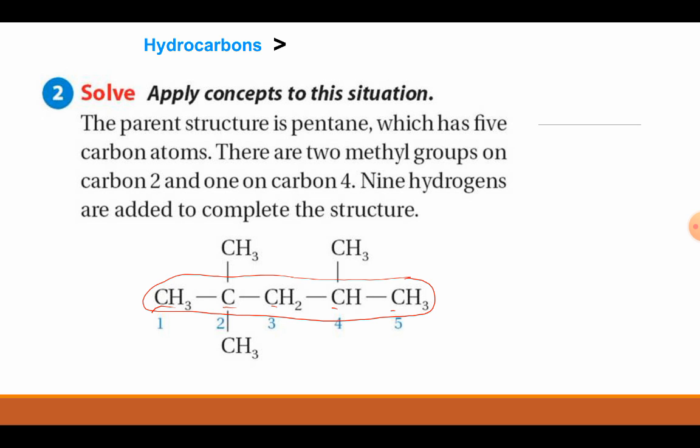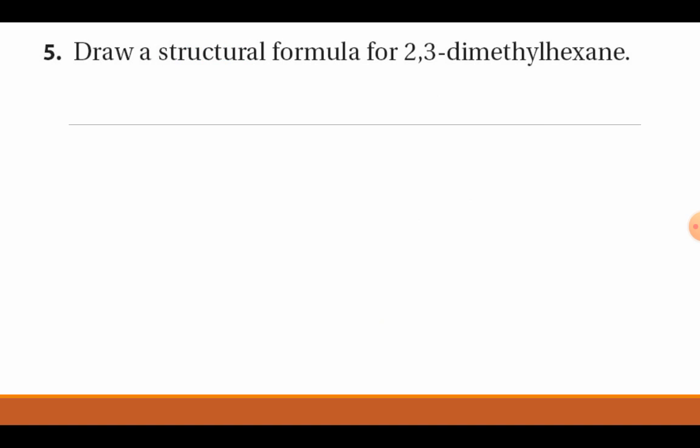That means we have 2 substituents in carbon number 2. CH3, because he said methyl. After that, he said also 4 has methyl, so because he said tri, tri means 3. So I have 3 groups of methyl, 2 in carbon number 2 and 1 in carbon number 4, because he said 2, 2, 4. Easy till now? Okay.